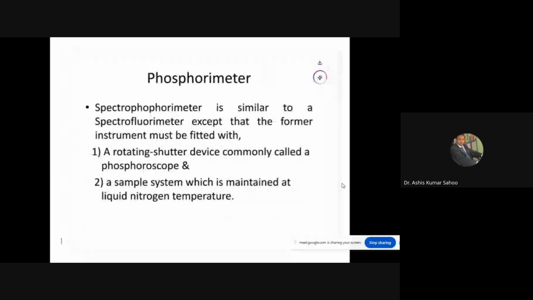So what about phosphorimetry? A spectrophosphorimeter is similar to a spectrophotometer, except that the former instrument must be fitted with a rotating shutter device commonly called a phosphoroscope, and a sample system which is maintained at liquid nitrogen temperature.